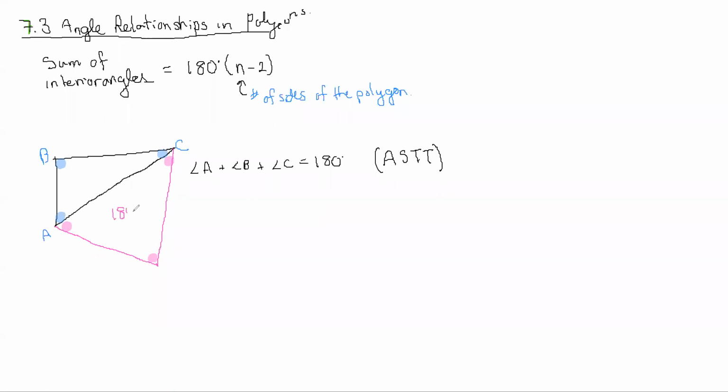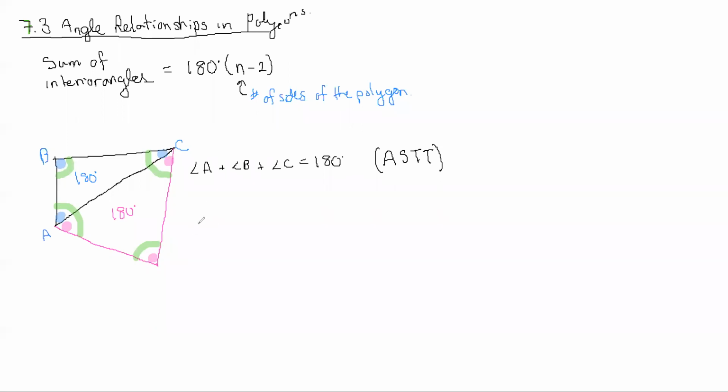So we have 180 degrees total here and 180 degrees total here. If I added all of these angles together, I added 180, the interior angles of the first triangle, and 180, the interior angles of a second triangle.